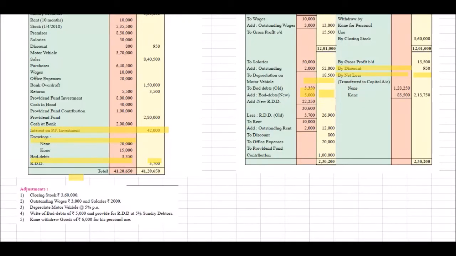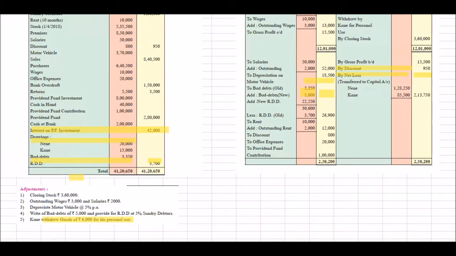Next there is an adjustment. Kane withdrew goods worth 6,000 rupees for personal use. He withdrew the amount of 6,000 rupees, goods withdrawn for his personal use. So I have taken it here.